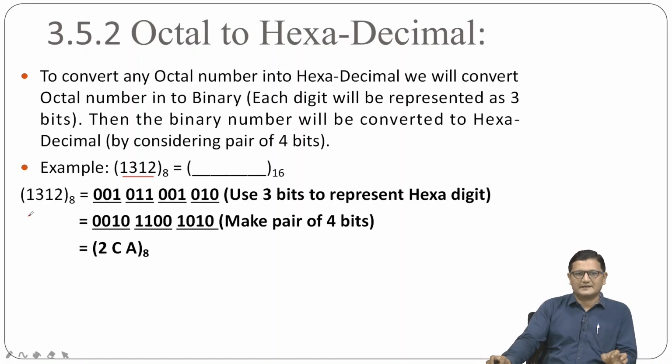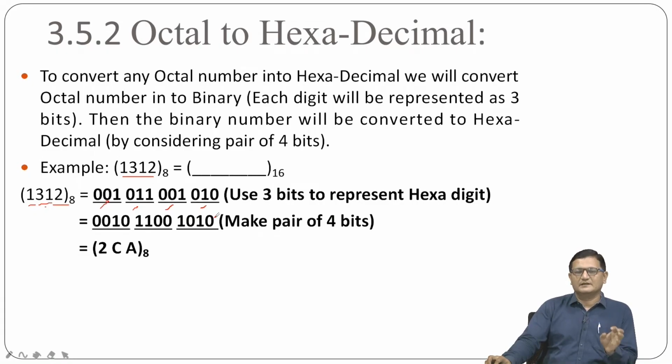So, I will write the binary of this 1 in a 3 bit pair, the binary of this 3 again in a 3 bit pair, the binary of this 1 in a 3 bit pair, and again this 2, which is 0 1 0, right.